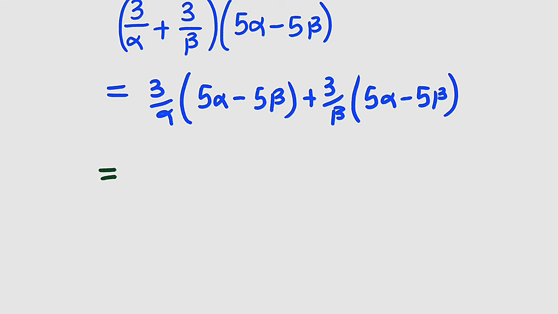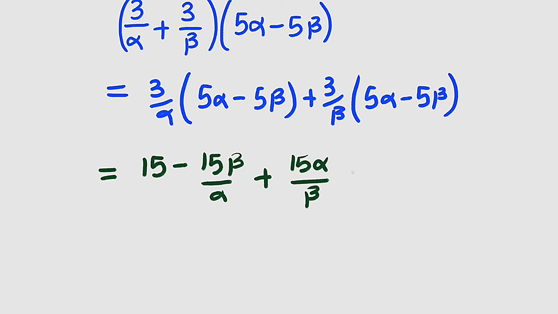This is equal to 3 divided by alpha multiplied by 5 alpha will give us 15, because alpha will cancel alpha, minus 15 beta divided by alpha, right? Then you move to the second one, 15 alpha divided by beta, then minus 15, because beta will cancel beta, and 3 times negative 5 is negative 15.